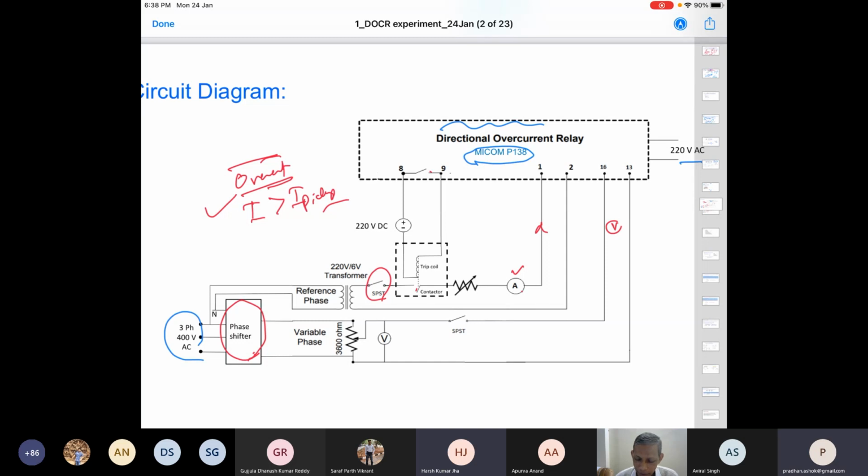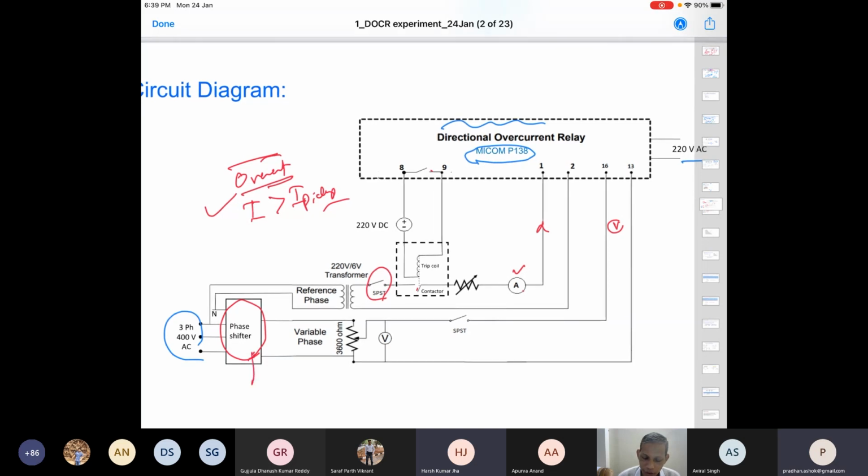Okay, okay. Now, this phase shifter, for your knowledge, is nothing but an induction motor. In that induction motor, it is a rotating transformer.